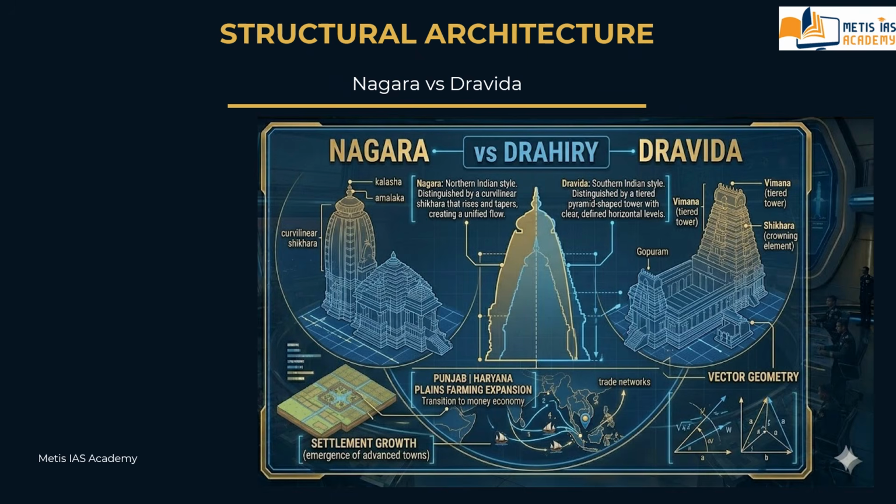So now architectural taxonomy. For this, look at question number 4. You cannot pass this by knowing where a temple stands. You must understand its geometry. The temple at Aihole experimented with a northern curvilinear Nagara tower.